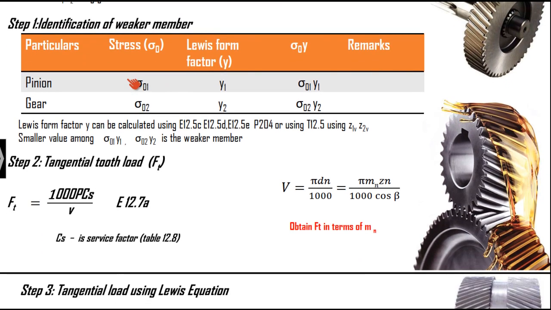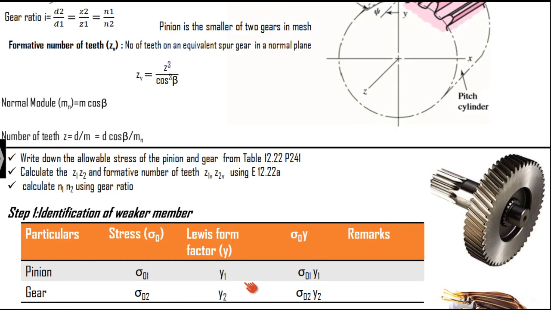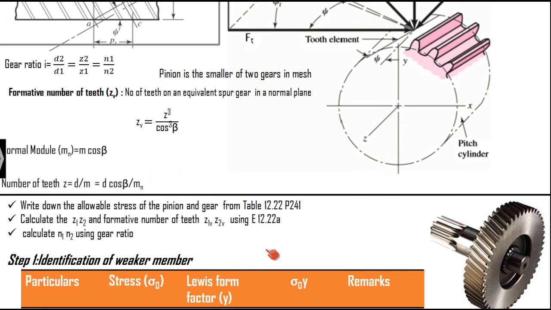As you all know, step 1 is the identification of the weaker member. For that we have to calculate sigma1 y1 and sigma2 y2. y1 and y2 are the Lewis form factors. You should have a very clear idea that the equation we use for the Lewis form factor is the same as the one we used for the spur gear. So in order to calculate the Lewis form factors y1 and y2, you should use ZV1 and ZV2.